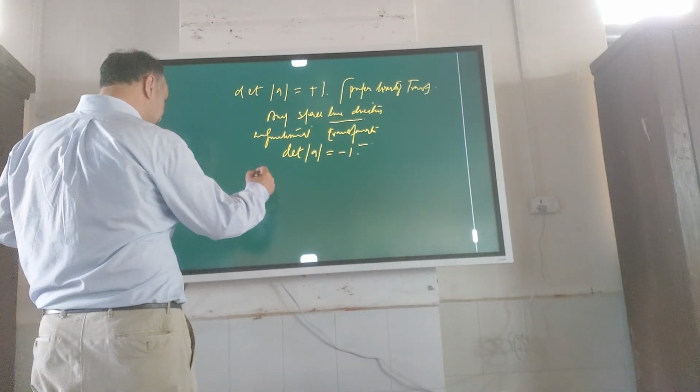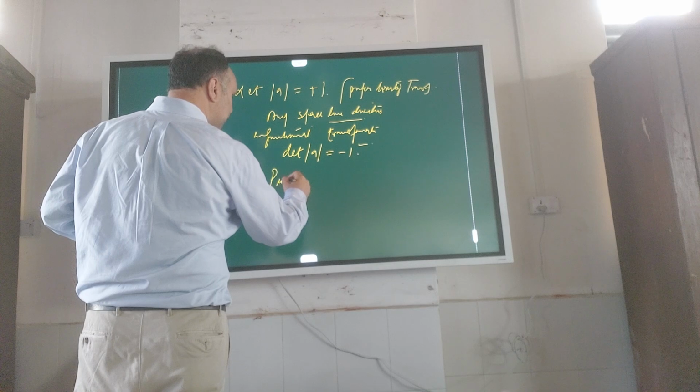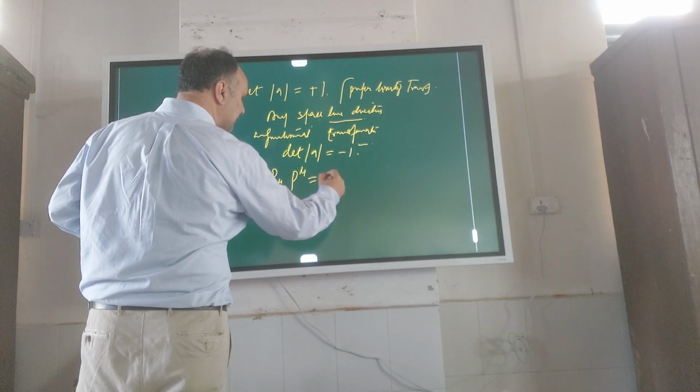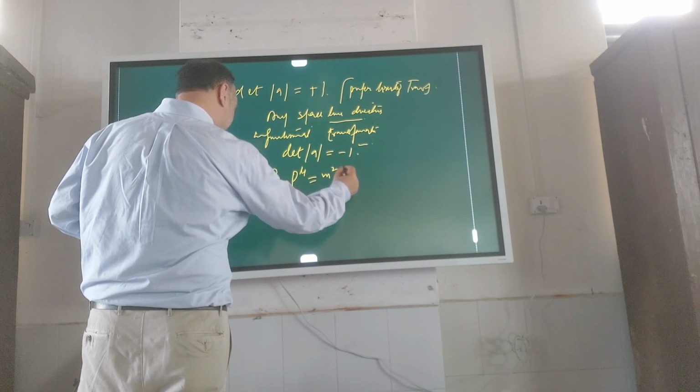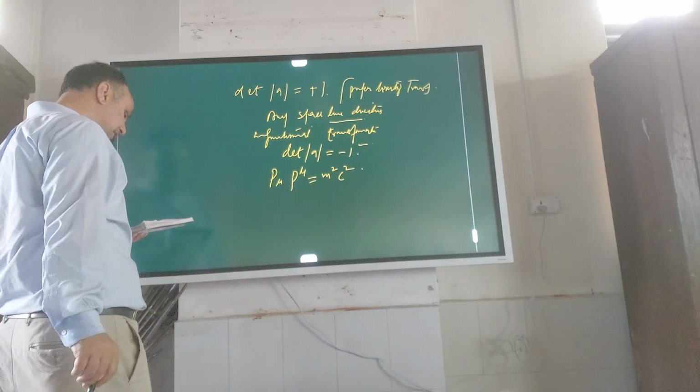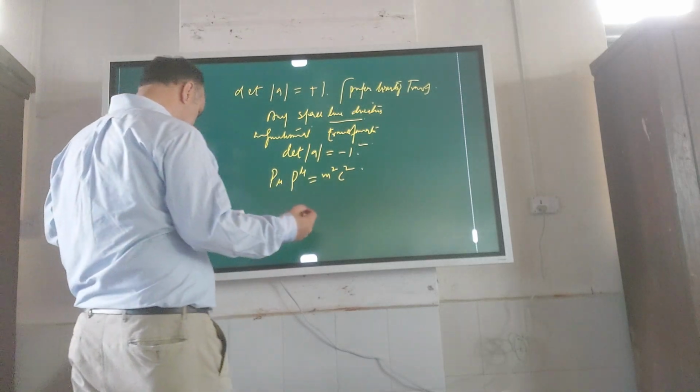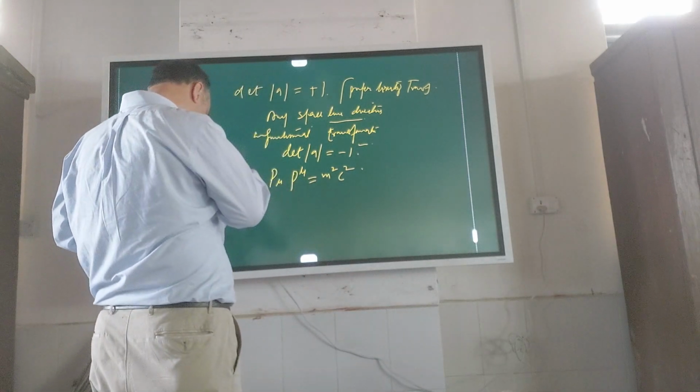Lorentz invariance in case of Dirac, if you remember, we can write mu as m square c square based on the previous chapter.